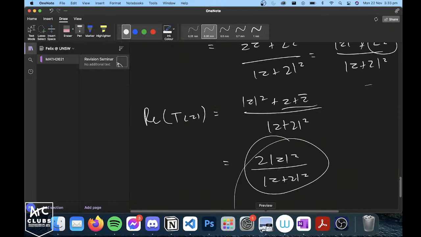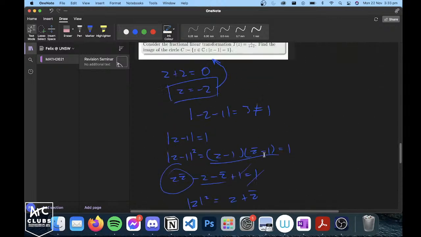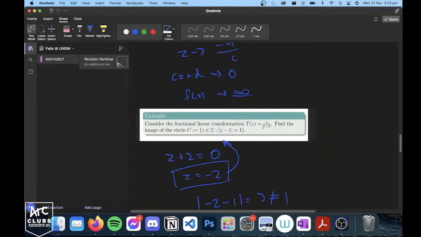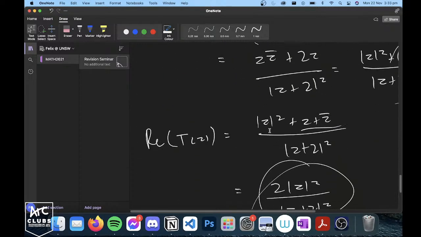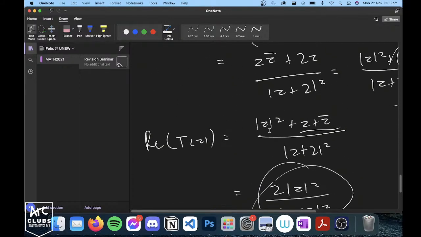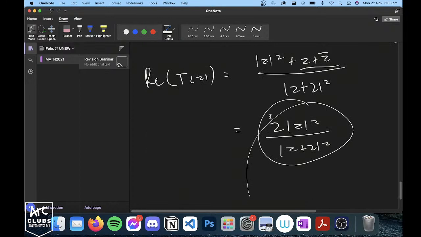And this is really nice, because if we look back to our original question, that's actually the modulus of T of z. Wait, is it squared? Yes, it is. So that's equal to the mod of T of z squared.